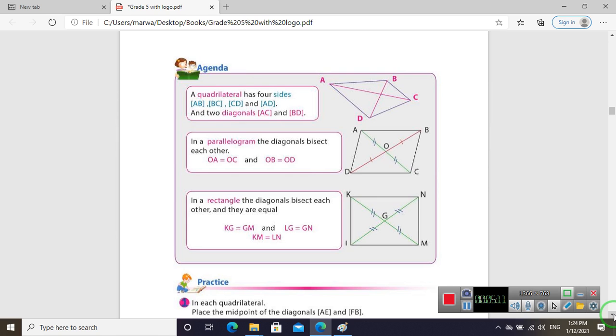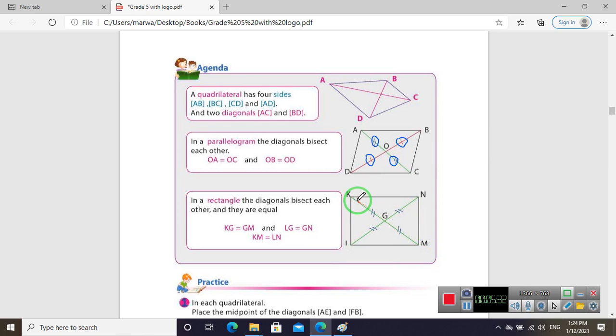If you look at the coded information, I see here OA equal to OC, then O is the midpoint of AC, and also here I have OD equal to OB, that means they bisect each other.